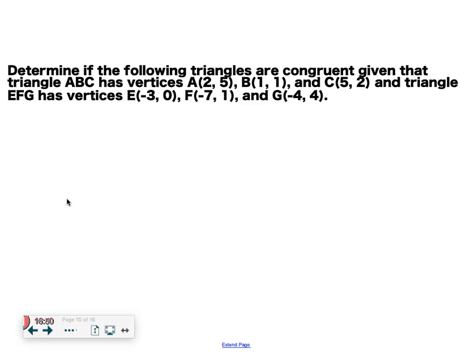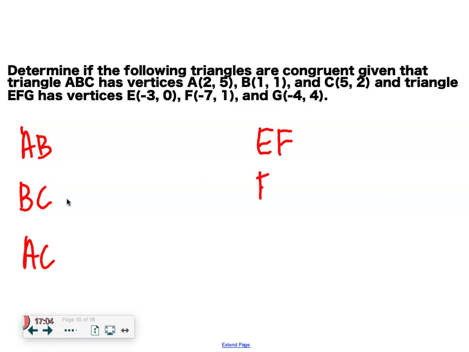So how about this? I have an idea. We have triangle ABC, so we have side AB, BC, and AC. And we have triangle EFG, so EF, FG, and EG. Okay, how about 1, 2, 3, 4, 5, 6.